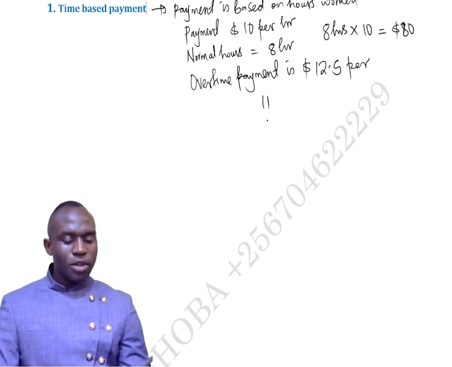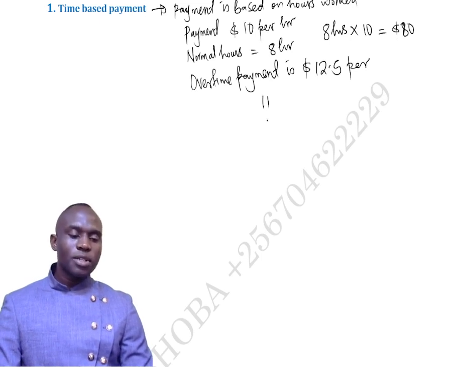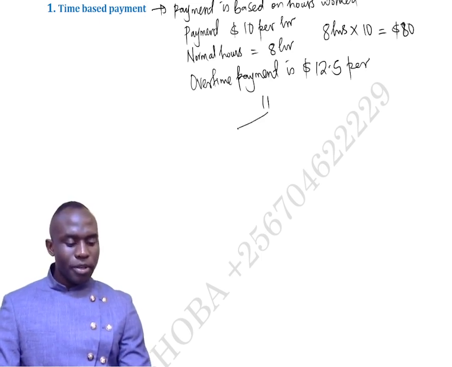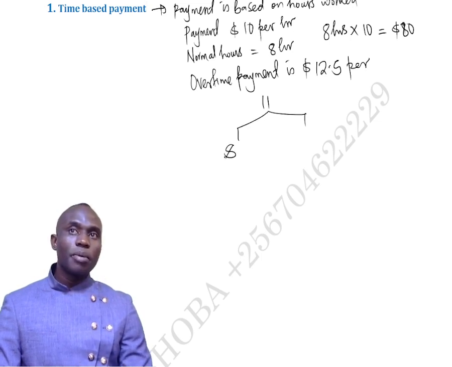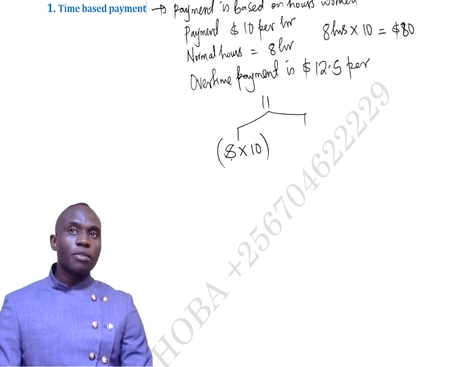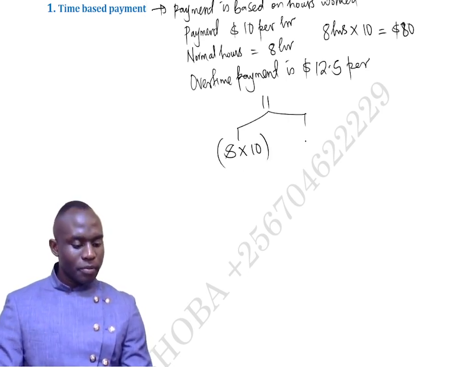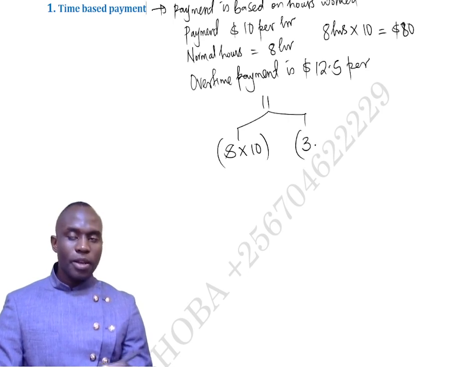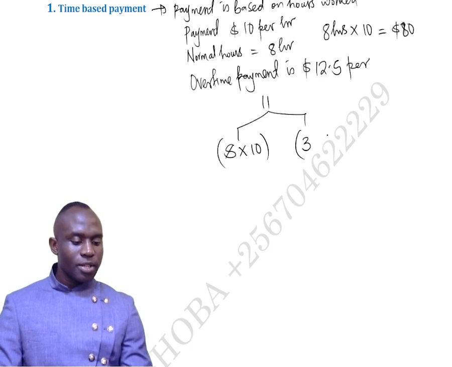So on a certain day, if someone works for 11 hours, what would be the total payment? For the first 8 hours, they will be paid at the normal rate, which is $10 per hour. But for the extra 3 hours, they will be paid at a premium rate of $12.5 per hour.